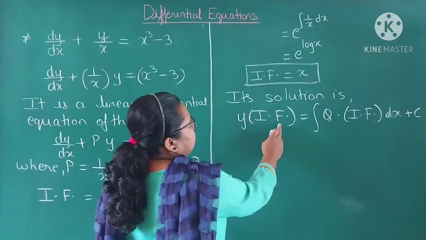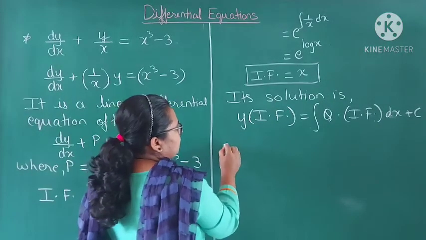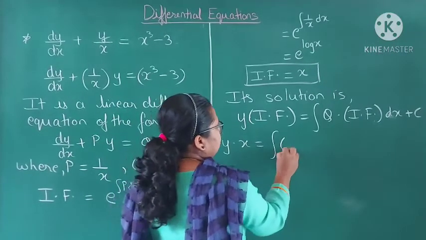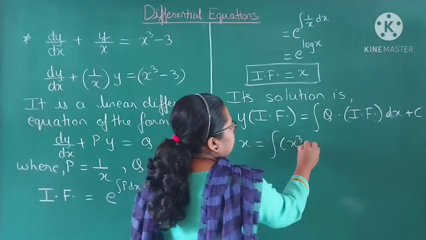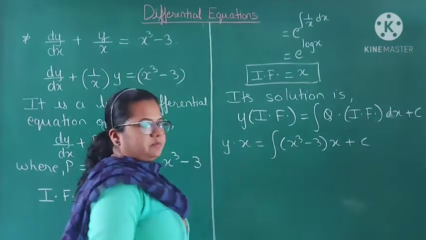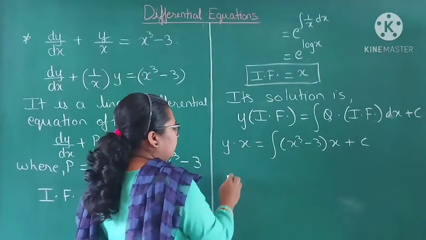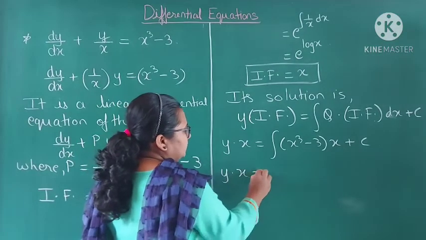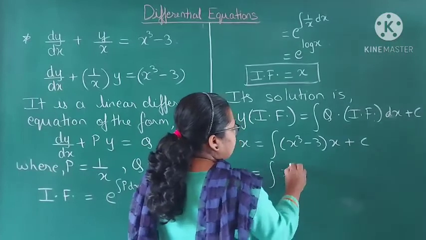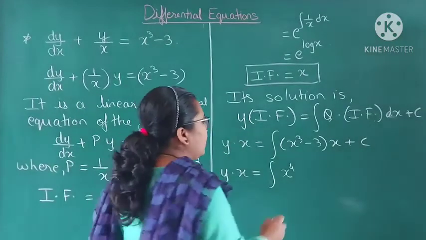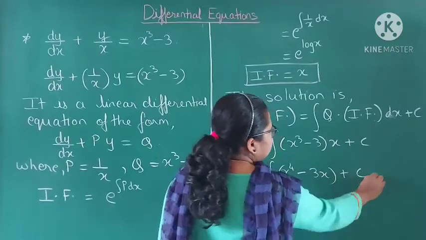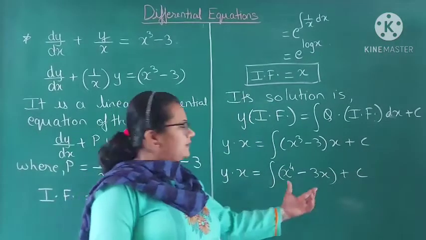Already we have found the integrating factor, we will substitute. So y into x is equal to integration of q, that is x cube minus 3, into x, plus c. So this side is very clear. So it is y into x is equal to integration of x cube into x, which is x raised to 4, minus 3x, plus c. Now we will integrate this side.